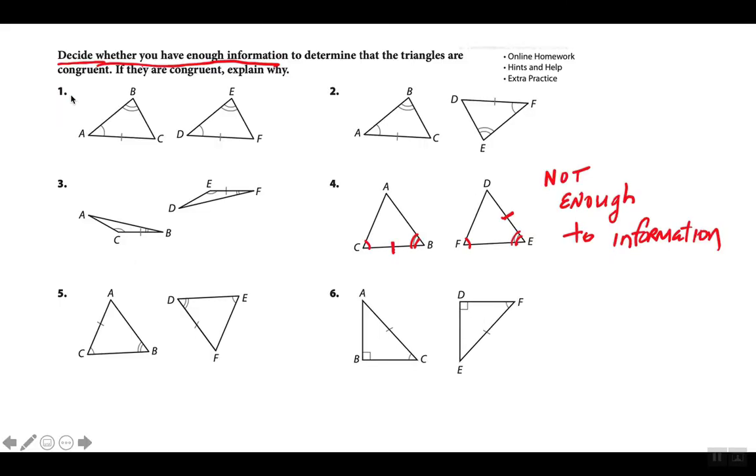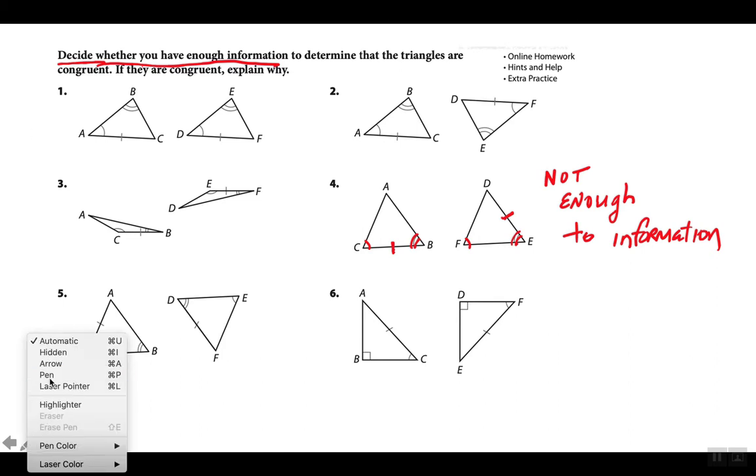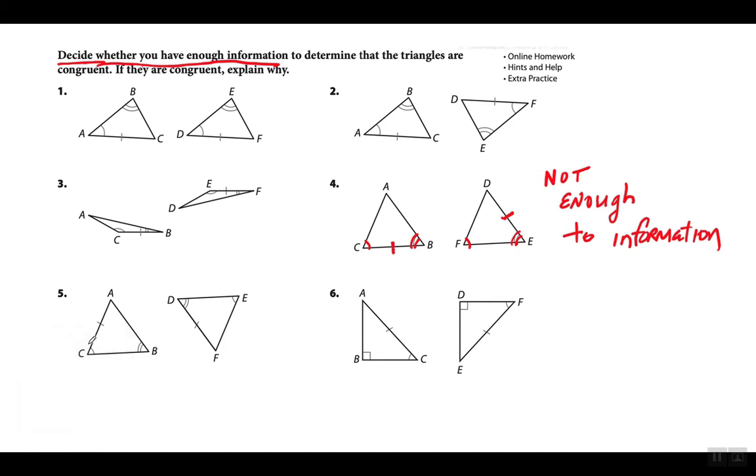Let's look at number 5. In number 5, we have angle, angle, and this side that's not included goes with this side. Now, actually, let me point out something. These triangles could be a reflection, one of the other.